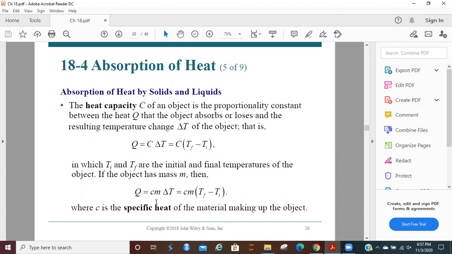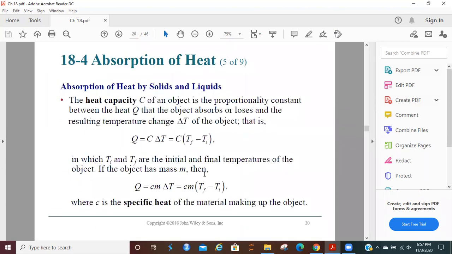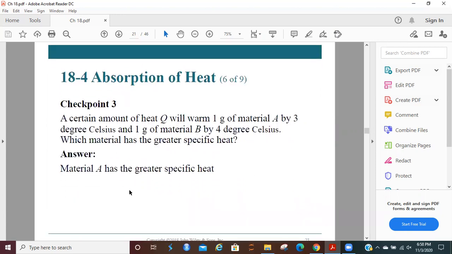So that's going to be the specific heat for material A. Now, if we go to material B, it's going to be heated by 4 degrees. So if we take Q and divide it by 4, that's going to be the specific heat of material B. Now, if you take something and you divide it by 3, that's going to be greater than if you take something and you divide it by 4. That's why material A is going to have the greater specific heat.